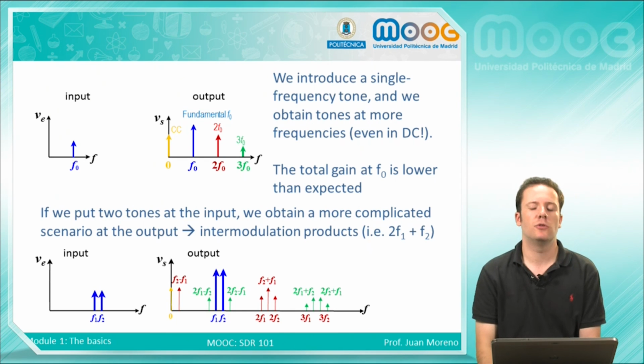But to your surprise, you find out that there are a lot of frequency components. These components are harmonics and mean distortion. These distortions cause a decrease in the gain of the amplifier. On the bottom you have another example with two tones, and the result is a little bit more complicated, but the philosophy is the same.